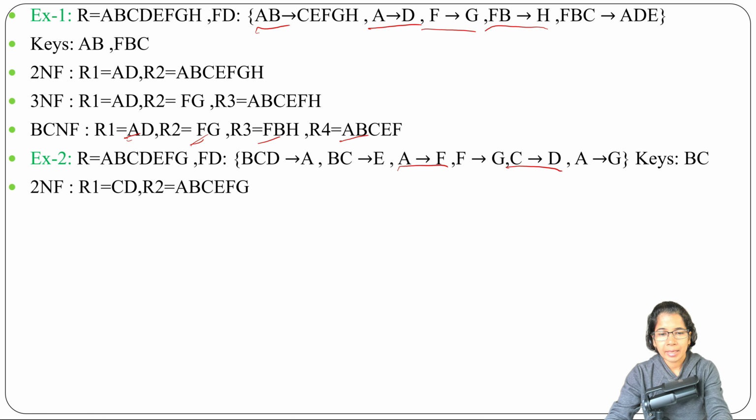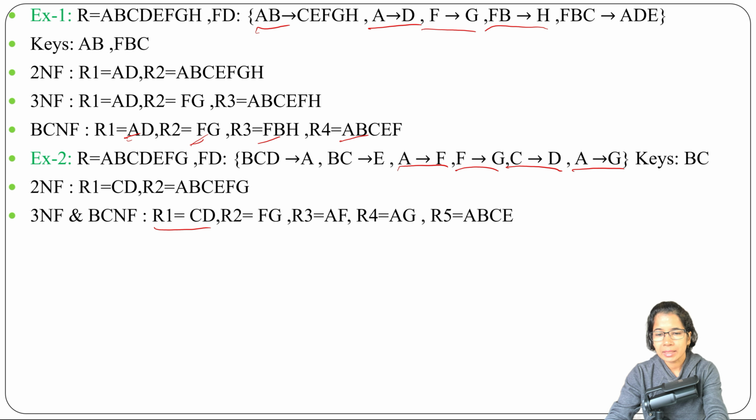Now A implies F, A implies G, then F implies G. So all are transitive. A implies F, F implies G. A, F, G cannot be in one relation, right? So there are lots of transitive dependencies. We need to separate that. R1 CD, R2 FG, R3 AF, R4 AG, R5 ABCE.